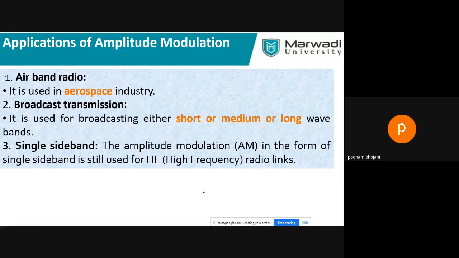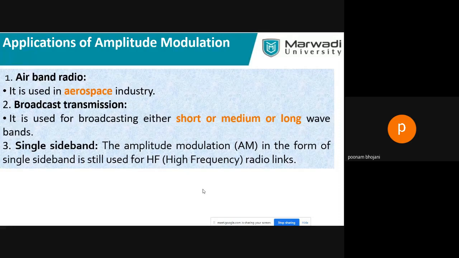Here, short, medium, or long is used in terms of wavelength. Short wavelength means a small wavelength value, medium wavelength means the middle range, and the last is long wavelength. So signals of different wavelengths can be sent by using broadcasting.